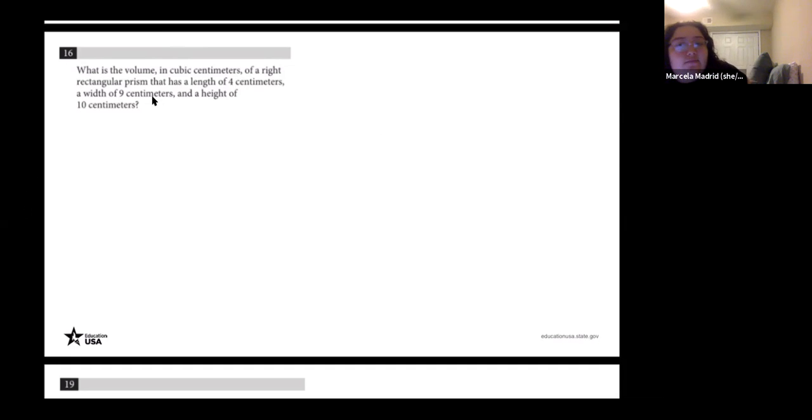A minute and 10 seconds have passed. We currently have one answer, 360 centimeters cubed. Love to see the labels, the units.